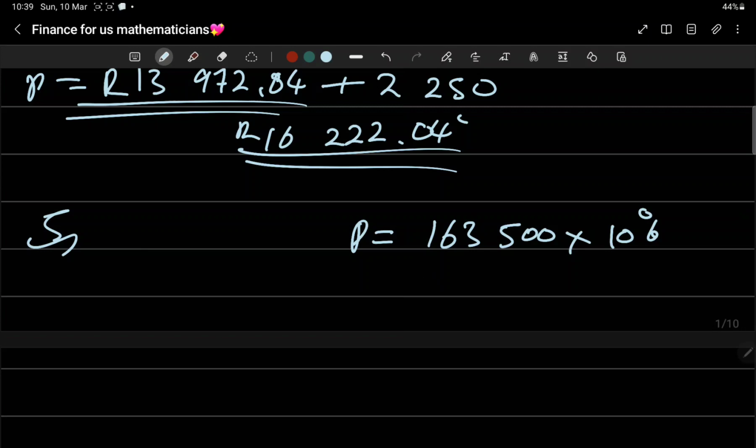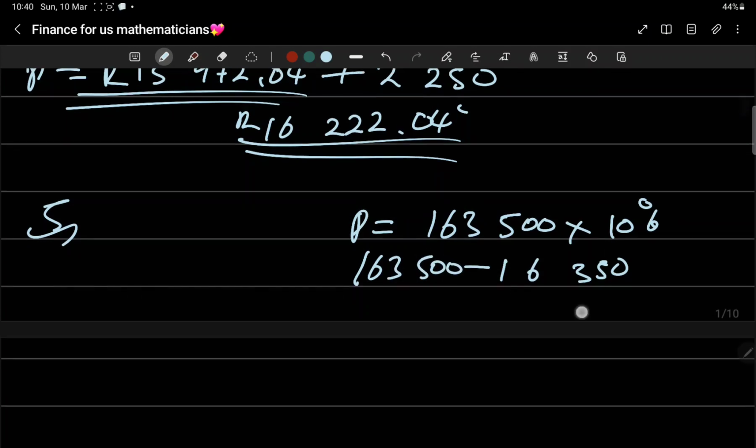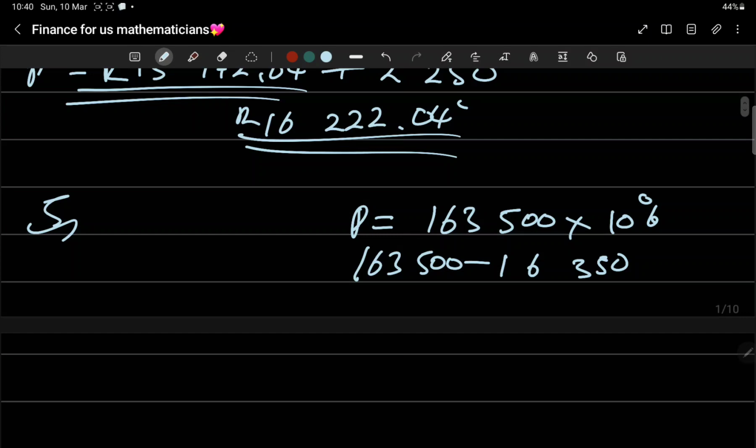Times 10 percent gives us 16,350, and we subtract it from 163,500 because it is paid here. So he paid that amount and he's left with P equals 147,150 to pay. This is his loan.